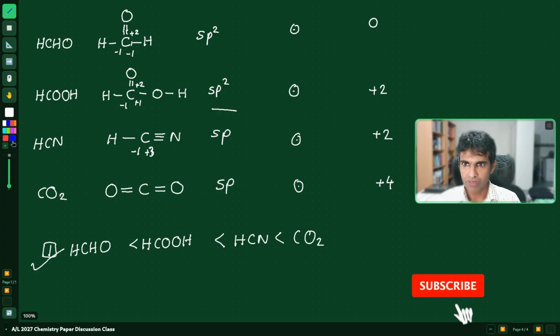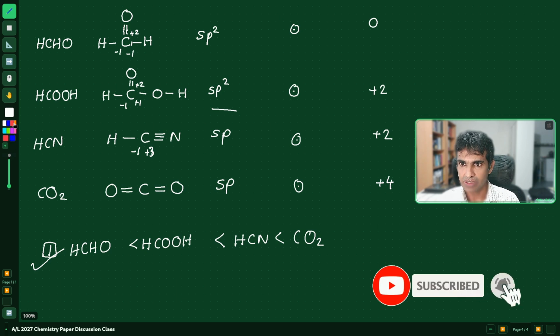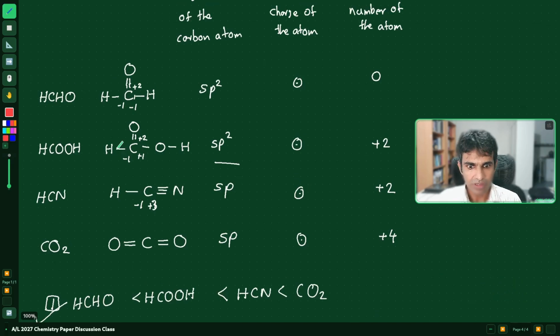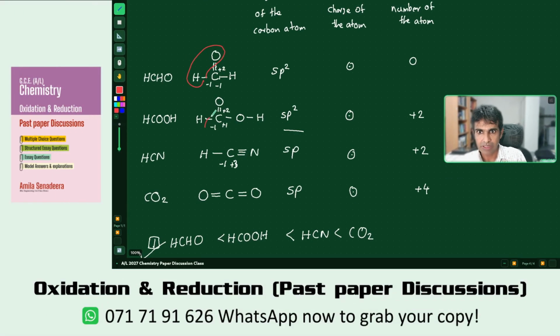So, when we write answers to this question, there is a shortcut. When we consider these two molecules, this portion is common. So, we don't need to bother about that one. Then this is a carbon-oxygen bond, this is a carbon-hydrogen bond. So, due to carbon-hydrogen bond, electrons are attracted to the carbon atom.